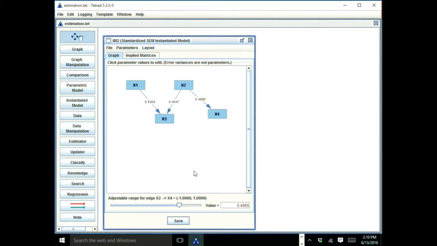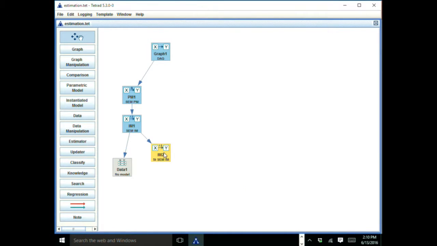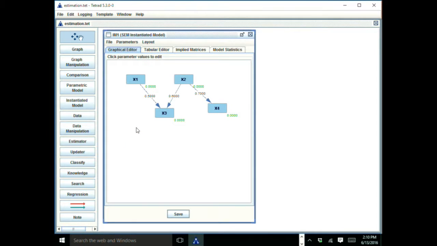Okay, so I have this model, which is a parametric model, but I'm going to delete it, and I'm going to use this model, which is a non-standardized model, but it's just fine. And if you can read it, the parameters say 0.5, 0.6, and 0.7.